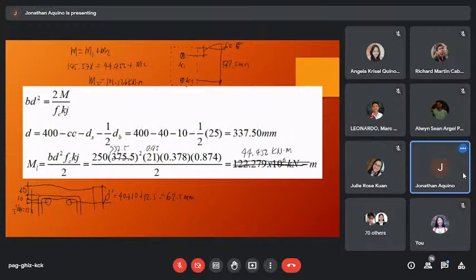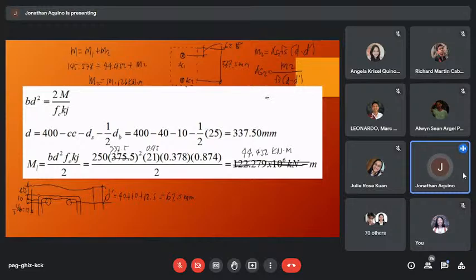So considering the internal couple, M2 is equal to As2 Fs times d minus d prime, or just simply As2 is equal to M2 over Fs times d minus d prime.